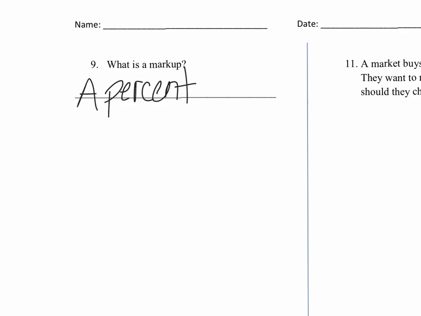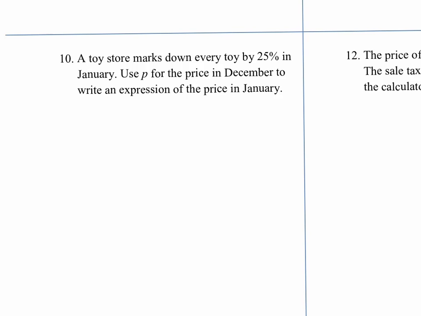Yes, hence the word up, increase. This problem is similar to another one on the review. A toy store marks down every toy by 25% in January. Use P for the price in December to write an expression of the price in January.